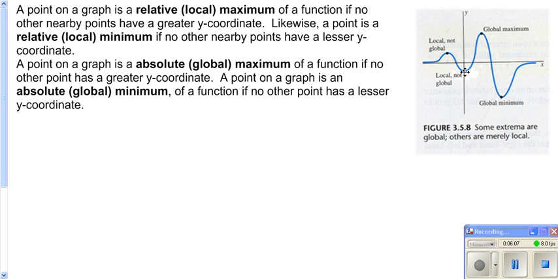Here we have a local or relative min because it's the lowest point of this area, not of the whole graph. Now, most functions will have one or all of these occurring. Now, it is possible for it to have none. An example of that would be a diagonal line because it has no max or mins.